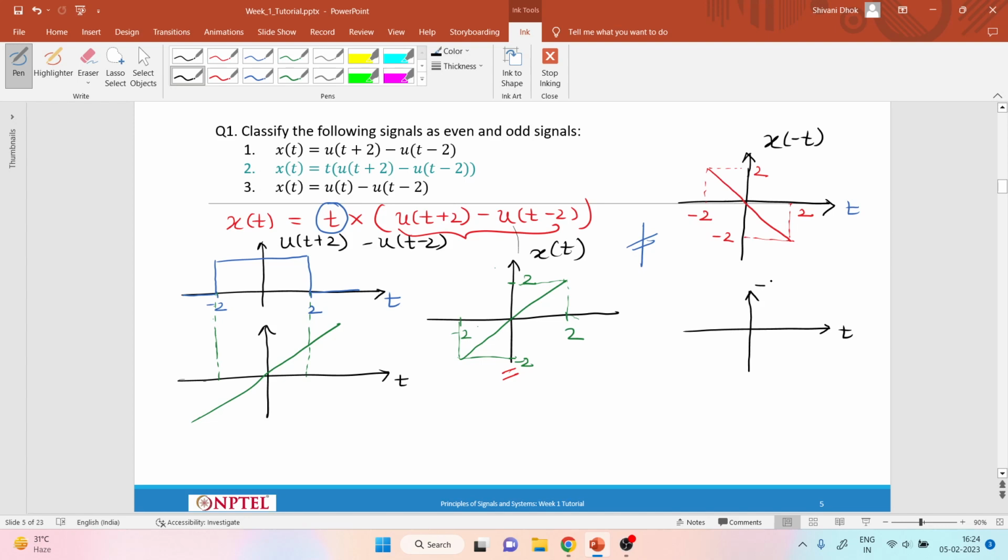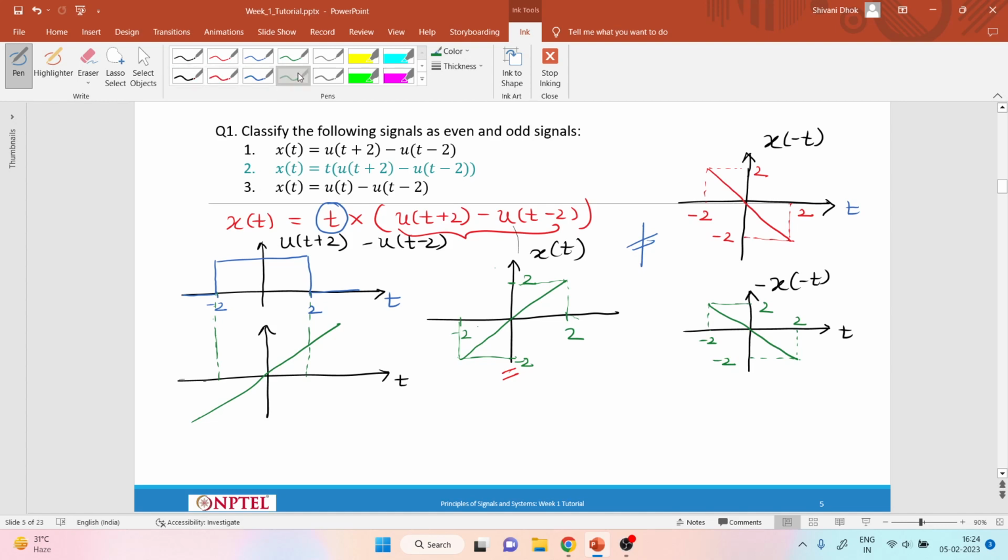That is, if we take minus of x of minus t, we get something like this. Again, here we have a value of 2 and here we have the value of minus 2.